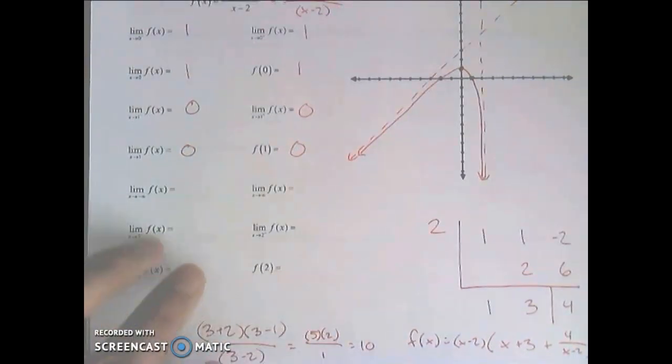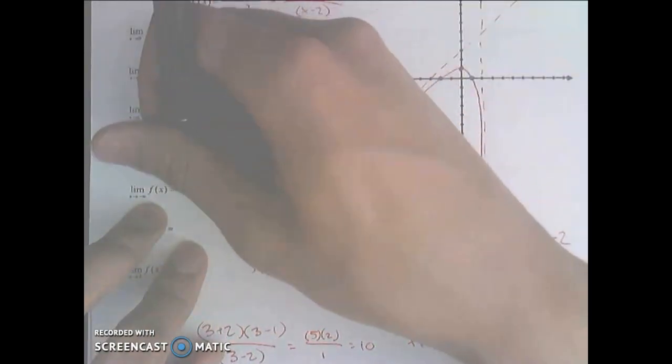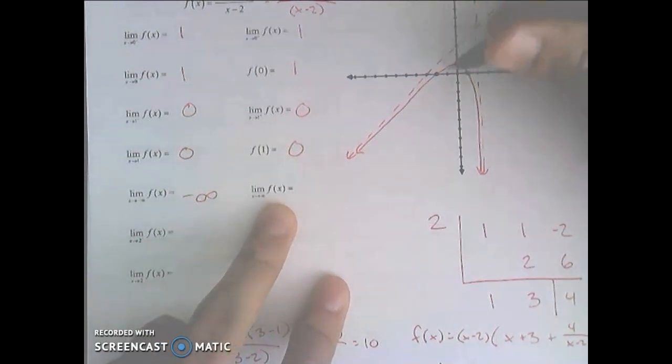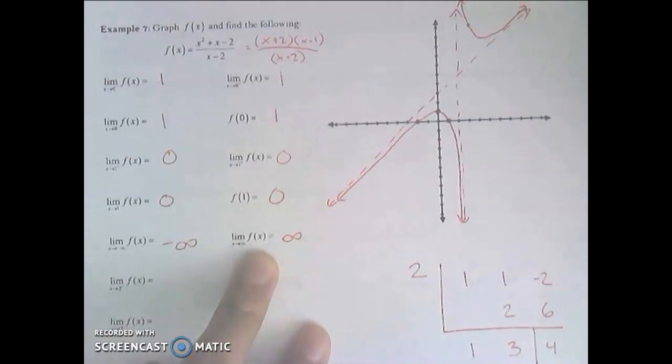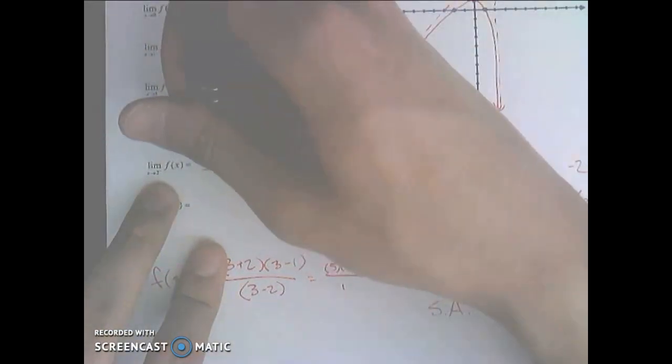As we approach negative infinity, so as we move to the left, our function blows off to negative infinity. And for positive infinity, we're blowing off to positive infinity, so our function approaches infinity. Approaching 2 from the left-hand side, well, our function is going downward, so we're approaching negative infinity.